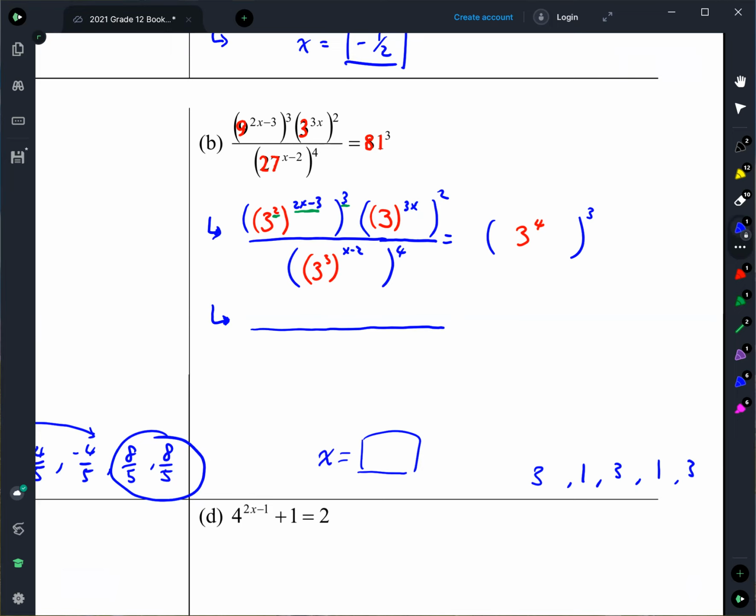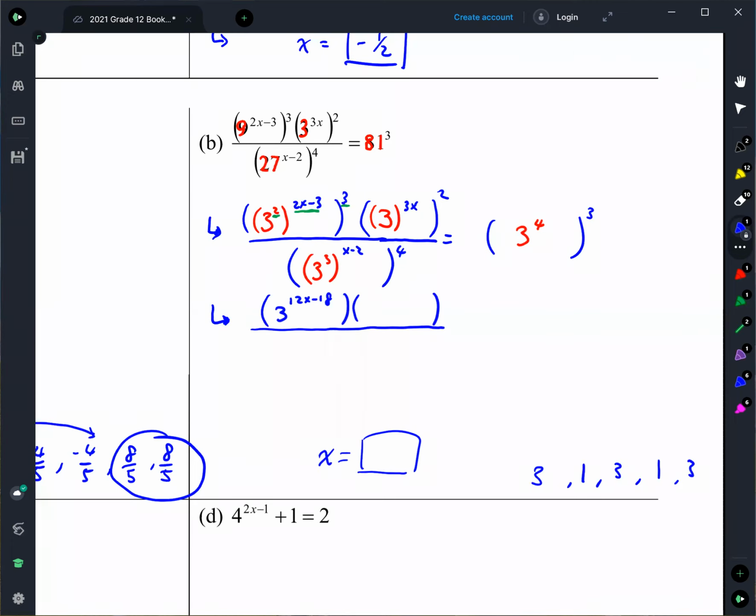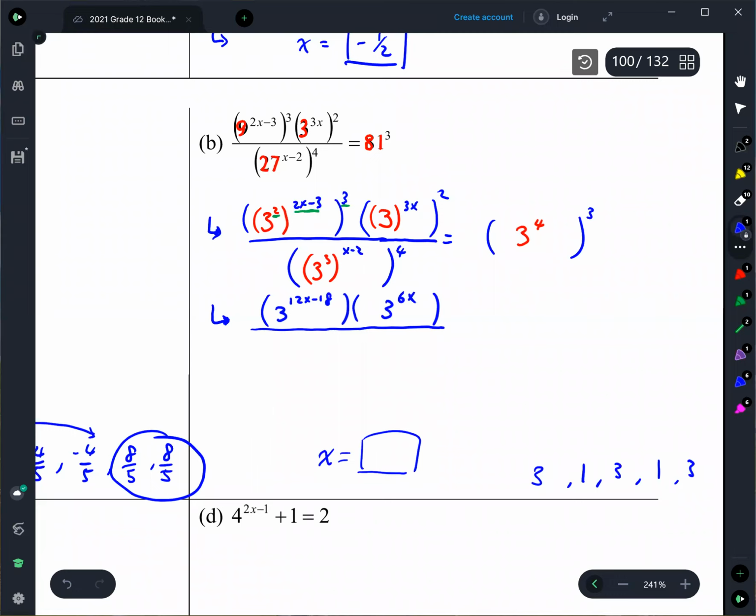That makes 6, so 6 multiplies in, making it 12x minus 18. Does anyone have questions so far? And then on the right brackets, it will become 3 to the 6x. That one has no problem, pretty easy.